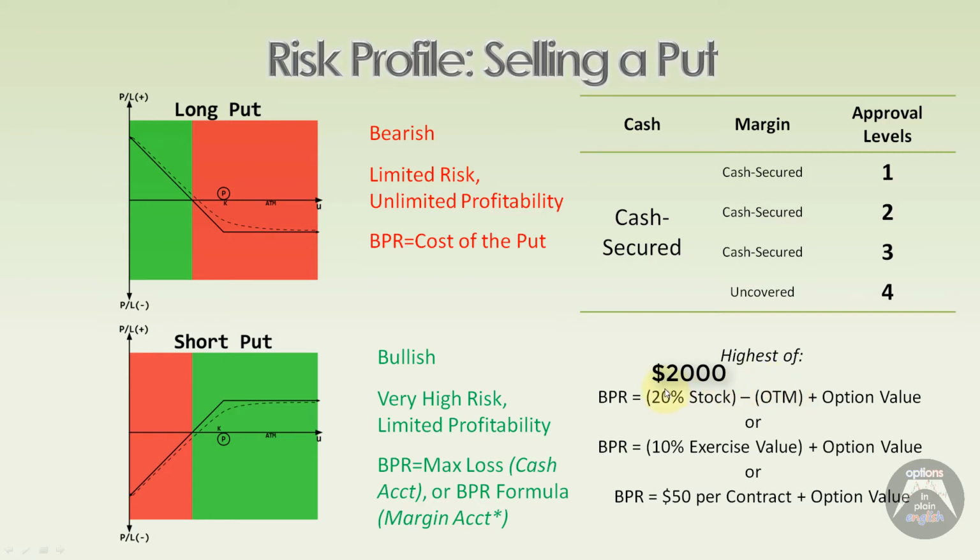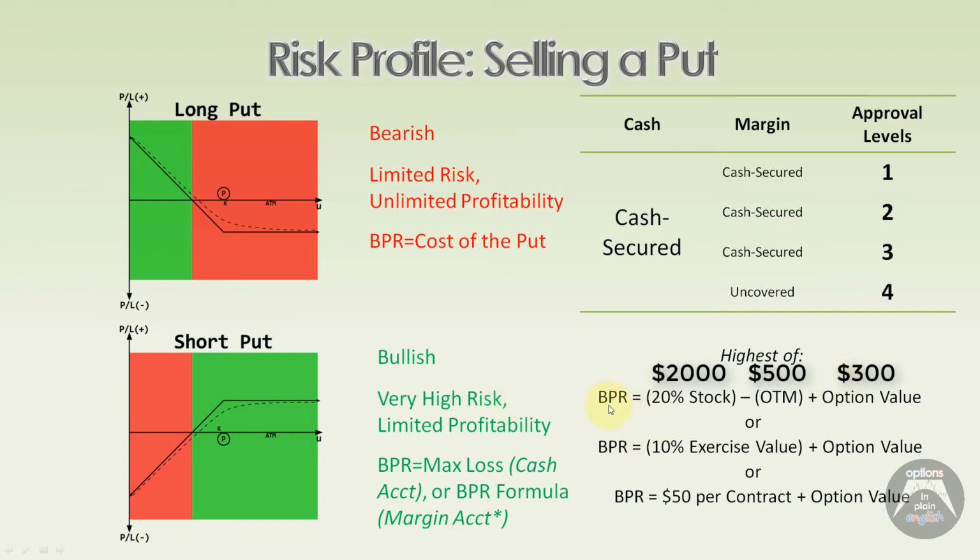So it would be 2,000 minus 500, because it's $5 out of the money times 100 shares per contract, plus the option value. Let's say you sold it at $3, so it's trading currently at $3. The total here would be 2,000 minus 500, so 1,500, plus 300, so 1,800.